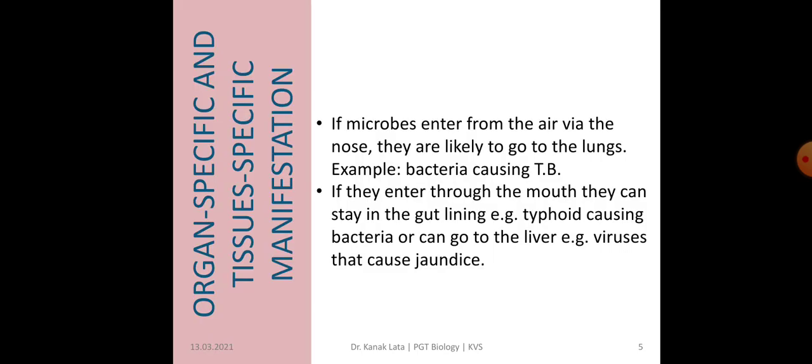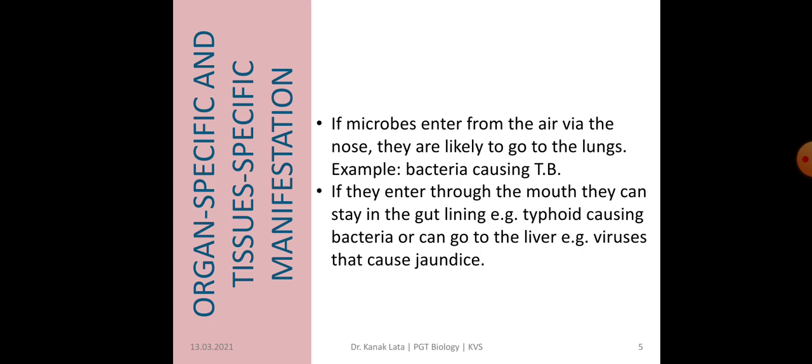Now let us see about organ-specific and tissue-specific manifestation. It means that whenever microbes enter from the air via the nose, they go to the lungs, for example the bacteria causing TB.